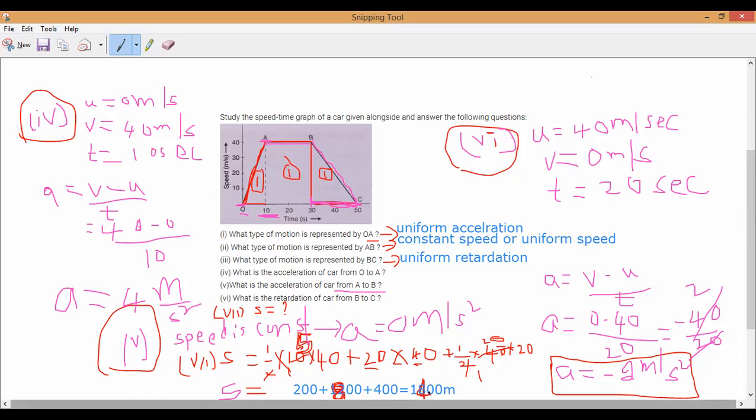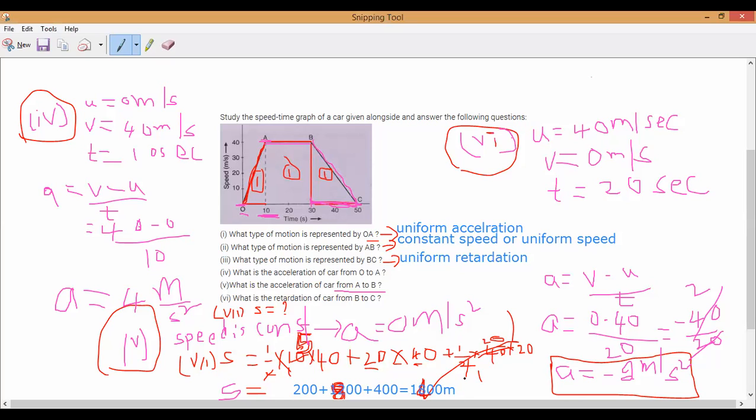Check it once. Pradosh, what have you checked then? Is it coming? Check it. 1400 is correct. 1400 meters. Solve slowly, no issues. Seventh question: what is the total distance traveled by a body? So S equals how much? It equals 1400 meters, you will get it.